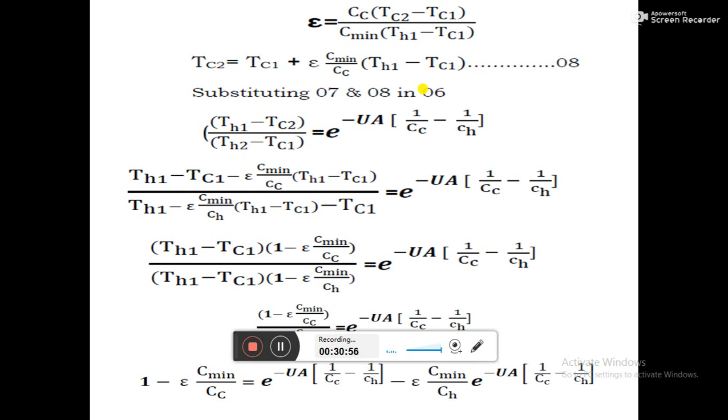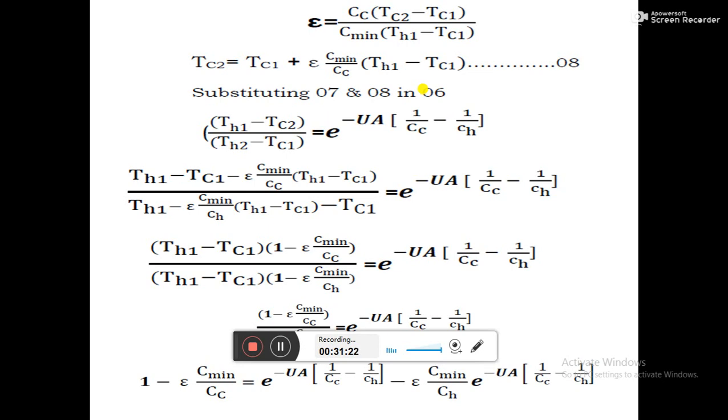On the left hand side, in both the numerator and denominator, we have the common term Th1 minus Tc1. Taking that term outside, we will get Th1 minus Tc1 into 1 minus effectiveness into C minimum by Cc, and in the denominator Th1 minus Tc1 into 1 minus effectiveness into C minimum by Ch.